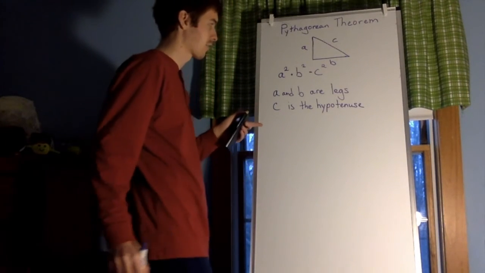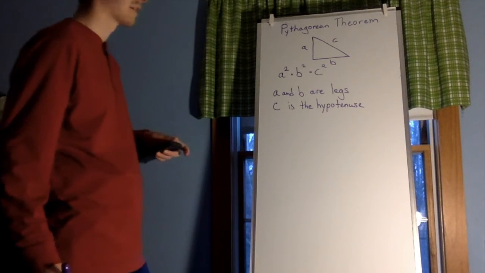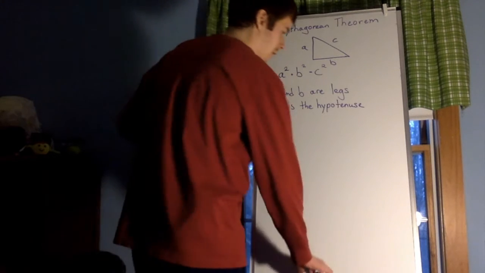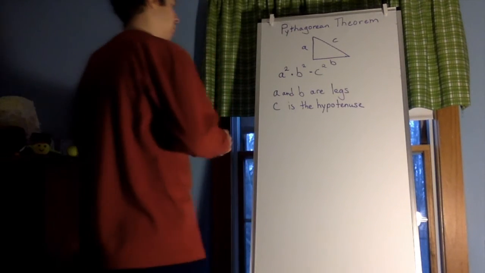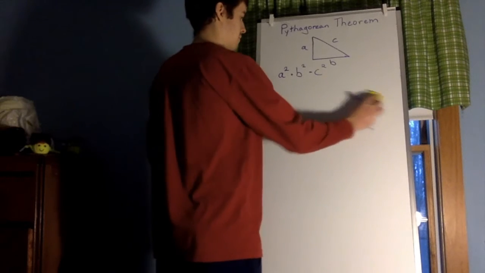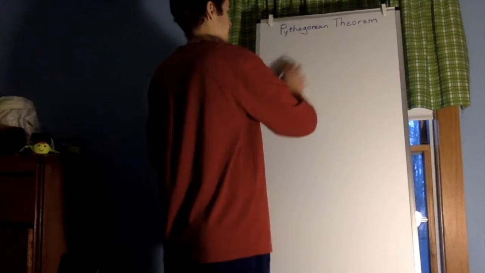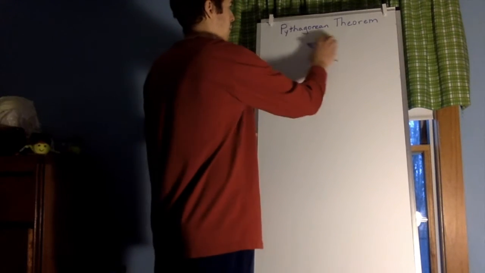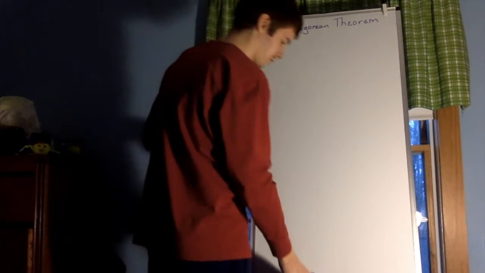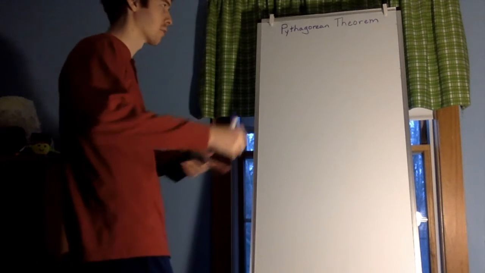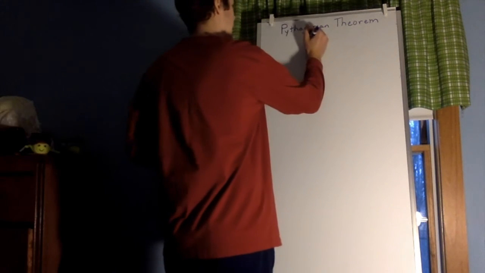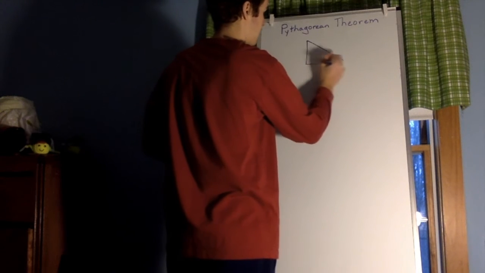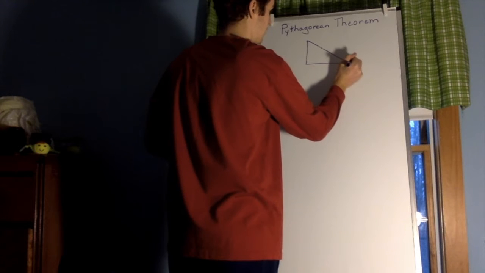All right, now we're going to actually put this Pythagorean theorem into action. I'm going to do a couple practice problems just to show you where this might be useful. I'm going to start with one that we should already know the answer to because it's a triangle we started with. But let's say that I have this right triangle right here. Again, this only applies to right triangles.